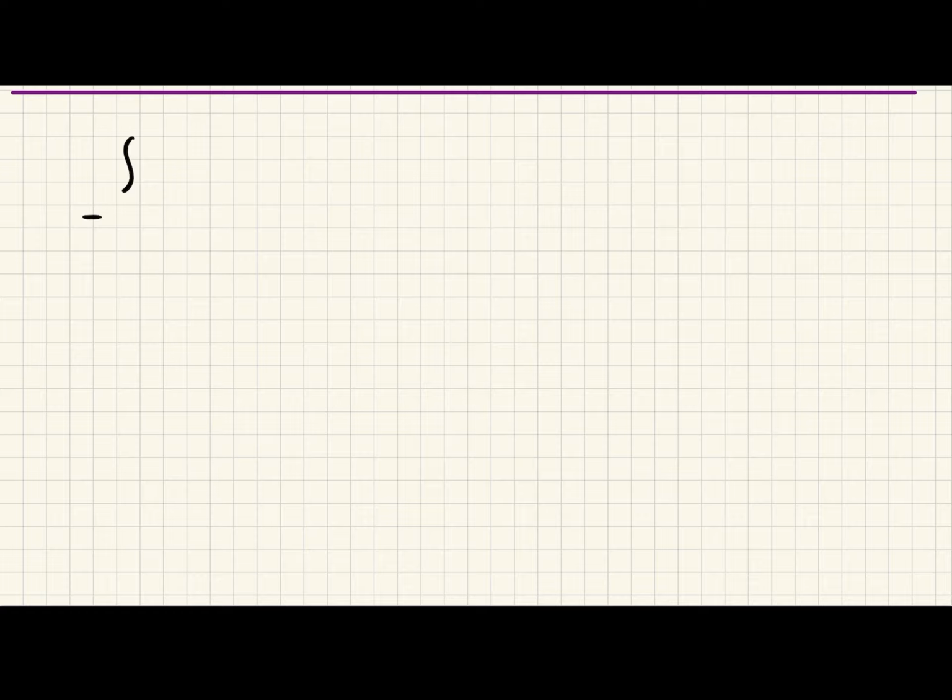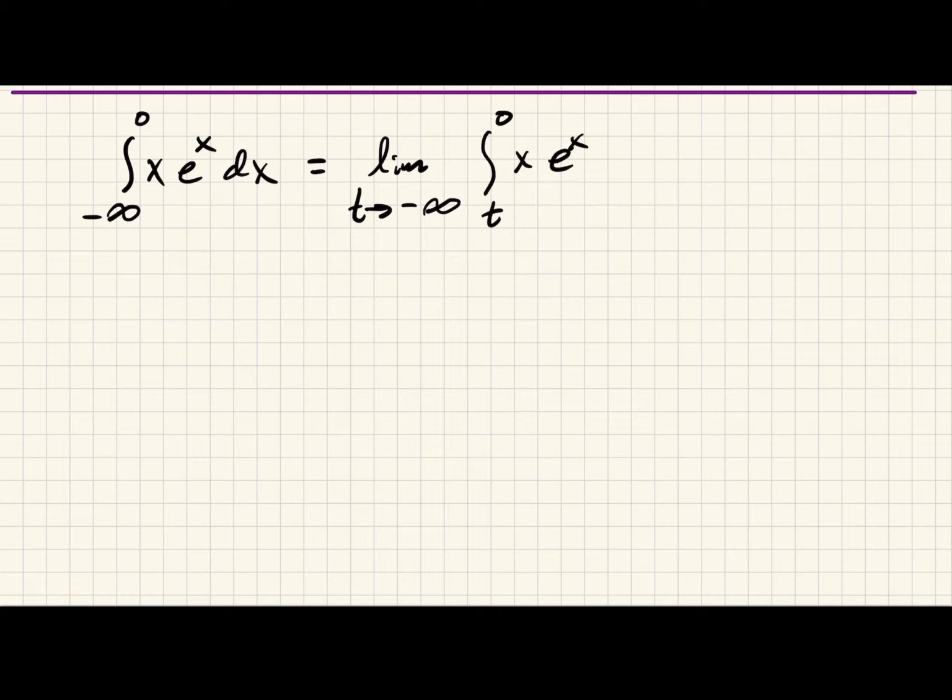Integral minus infinity to 0 of x e to the x dx. Okay, since this is an improper integral, and the bottom limit is negative infinity, I can write this as the limit as t goes to minus infinity of the integral t to 0 of x e to the x dx.